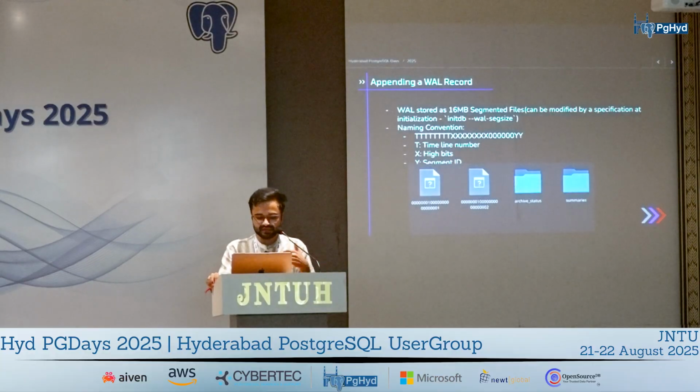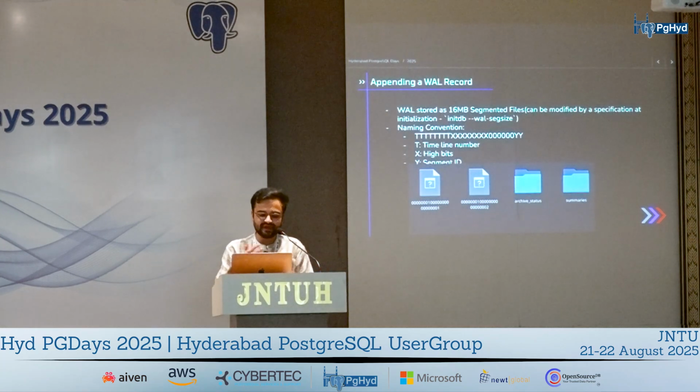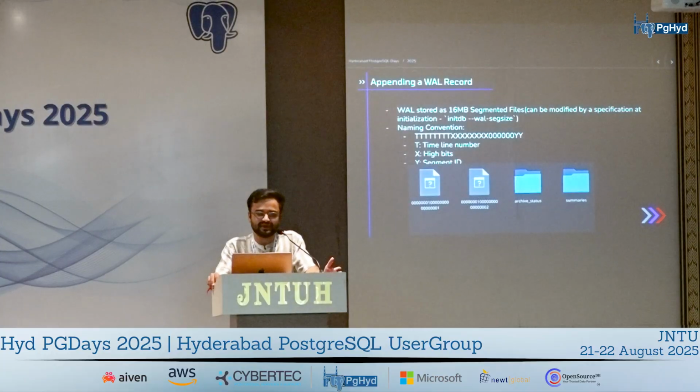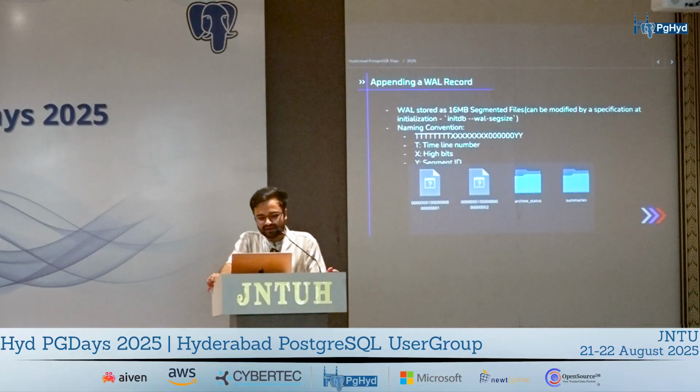So whenever Postgres flushes the WAL records to disk, it names the file accordingly. These are basically 16 MB files, but you can modify the size of these WAL files depending on your use case. I think the upper limit was 1 GB, but again this can be modified.